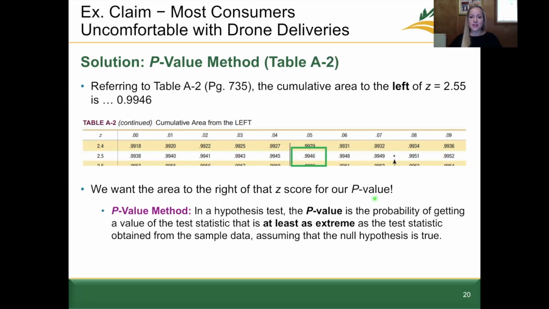I put this definition again here from 8.1 to remind us what our p-value is and how we use this method. So remember that in a hypothesis test, the p-value is the probability of getting a value of the test statistic that is at least as extreme as the test statistic itself.